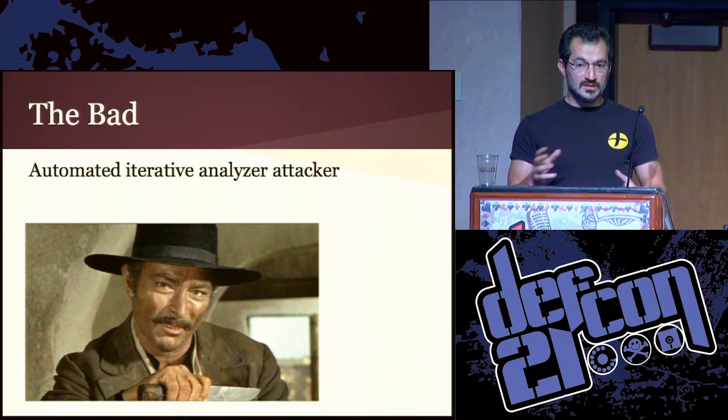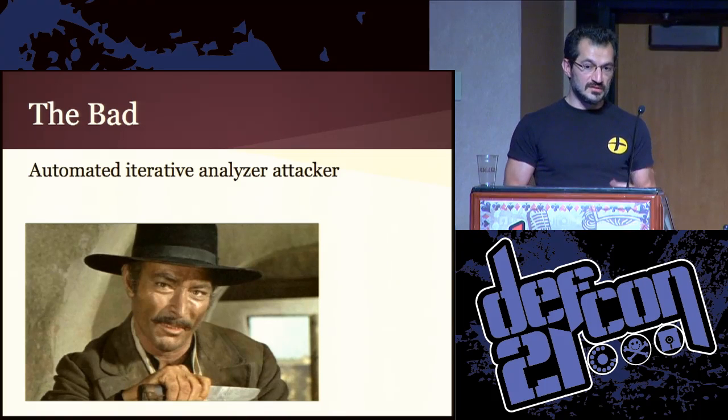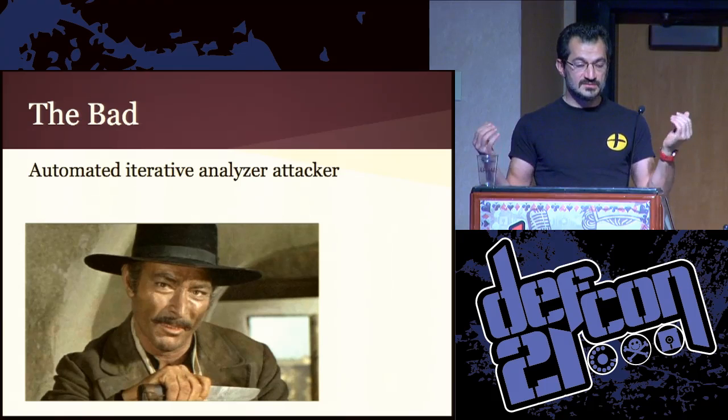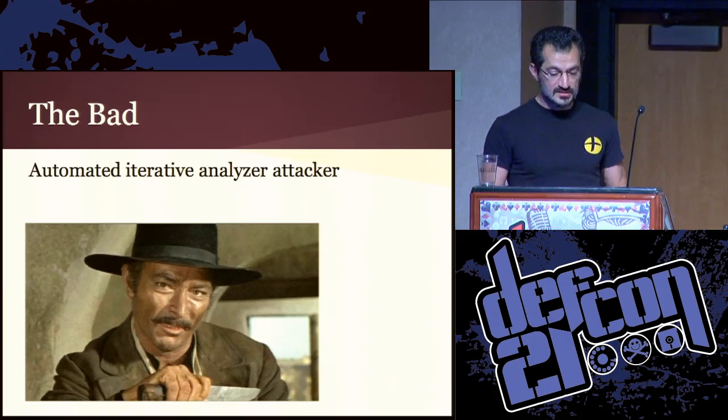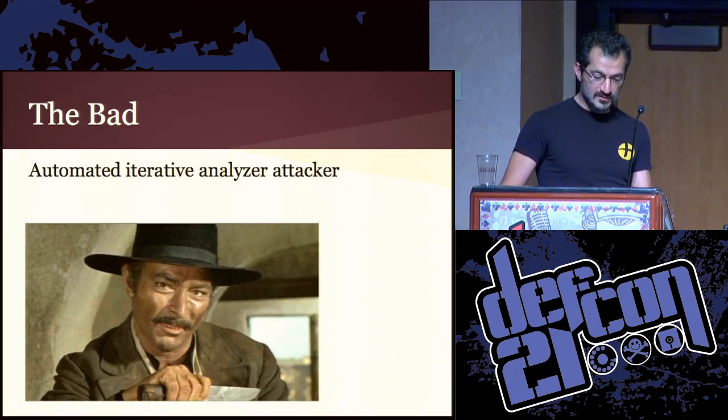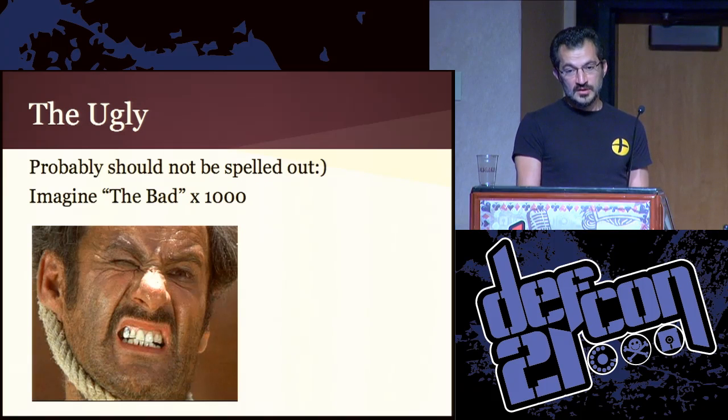Imagine that being all automated, and one click, bam, you go find the worst resources and then do more analysis by figuring out which ones are the worst in real life, which ones degrade, and then you push them even more. And then, of course, there is the ugly, which is the bad but distributed, basically.